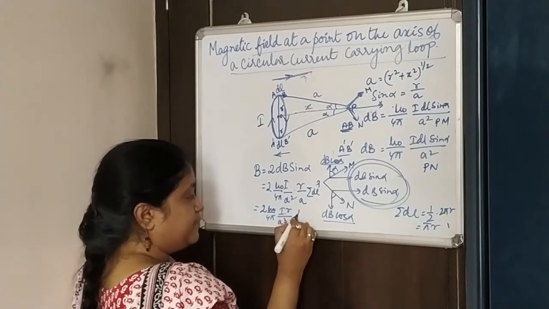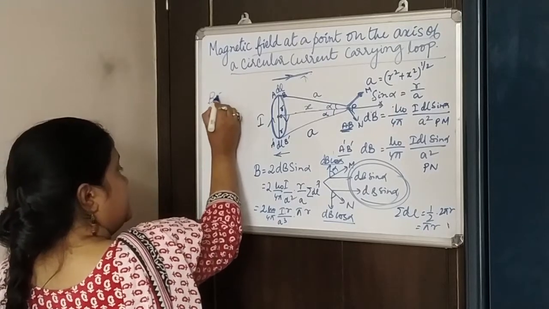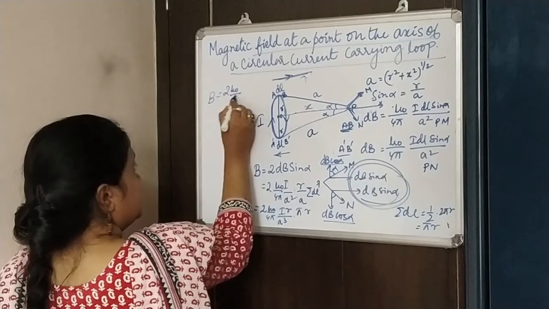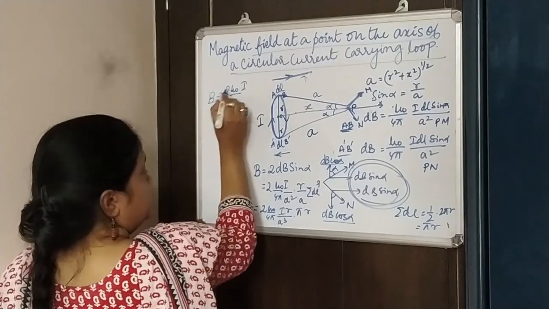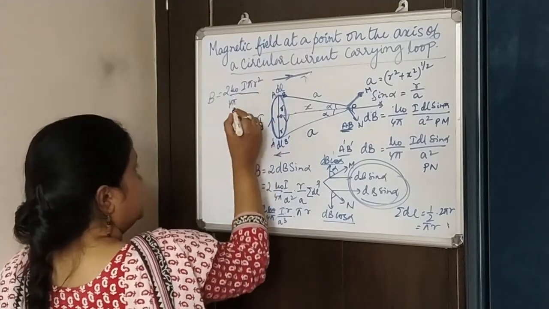So totally my magnetic field becomes B equal to 2 mu naught by 4 pi I pi r square by A cube.